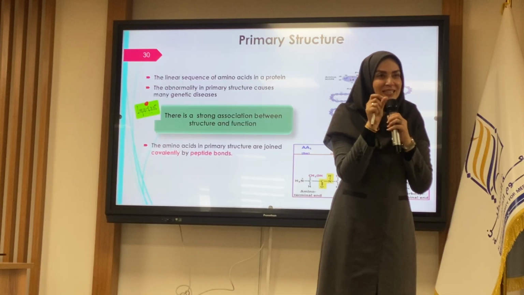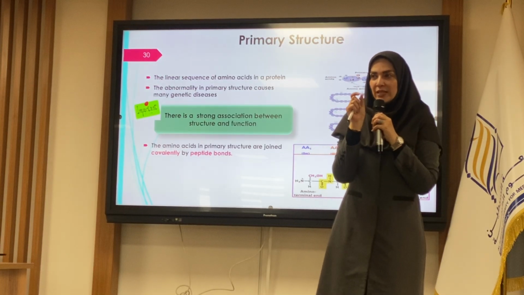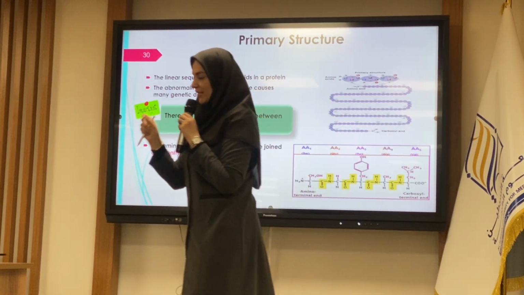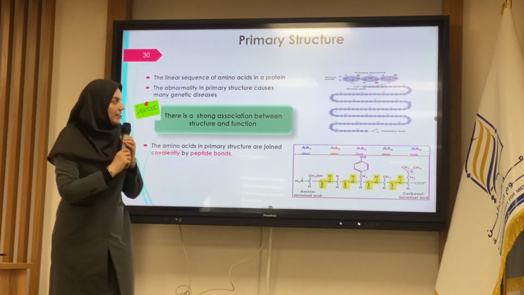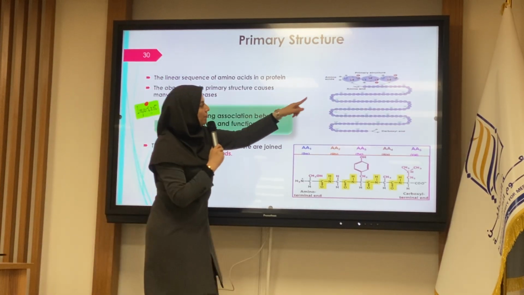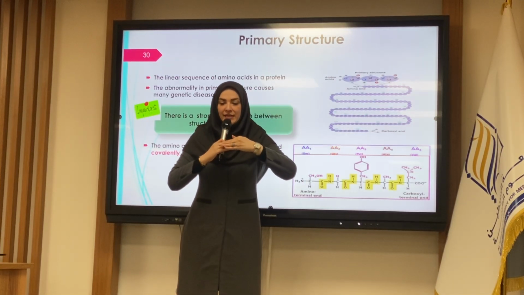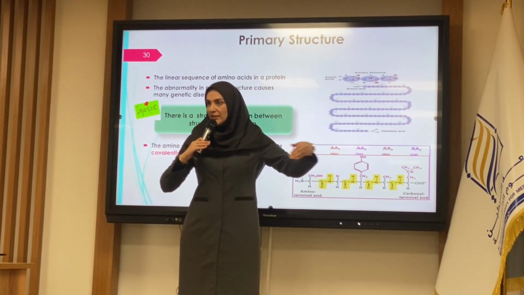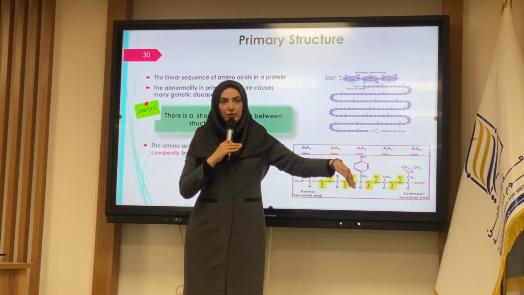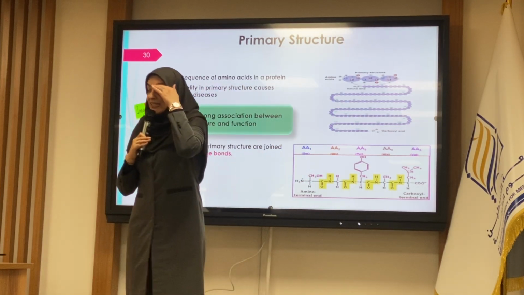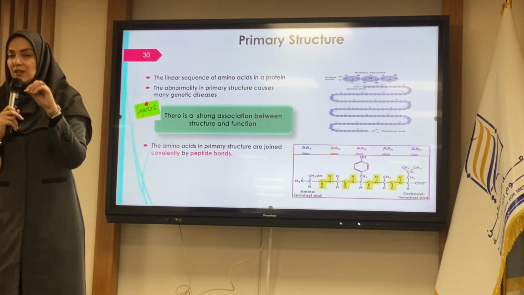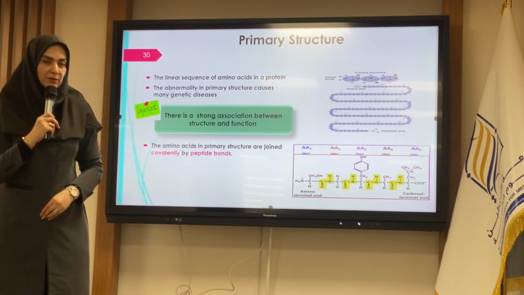These are the constituents of the protein, meaning different amino acids bind together in a linear fashion, and they form a line, for example. This is the first level of structure of the protein, okay?